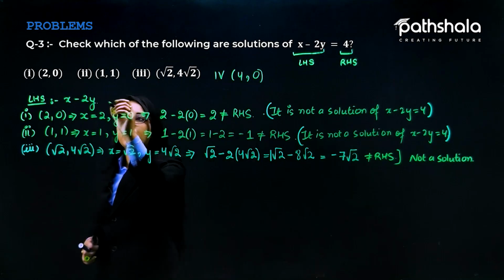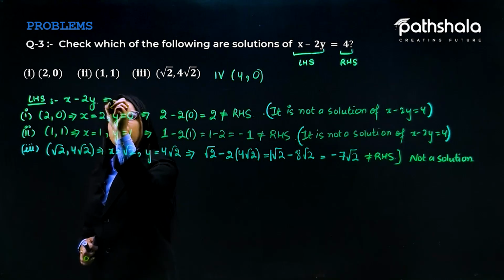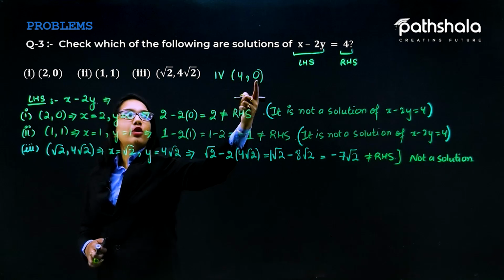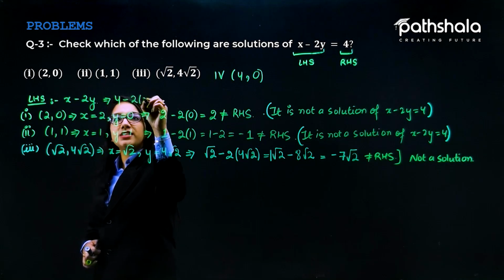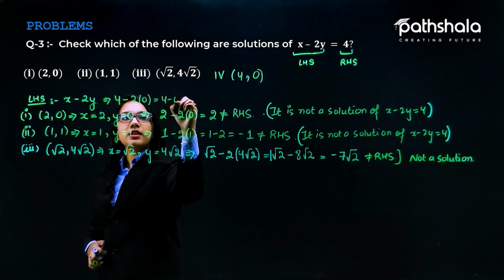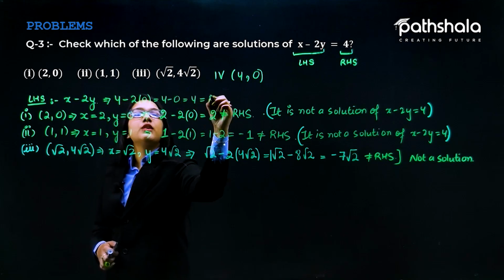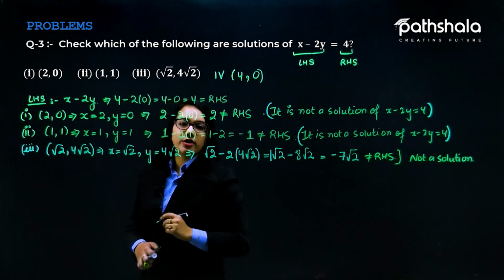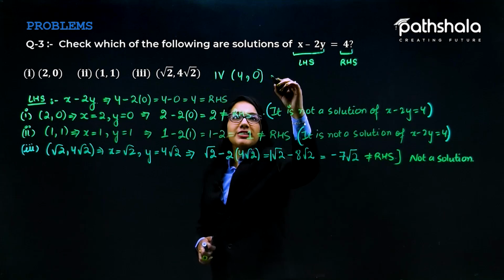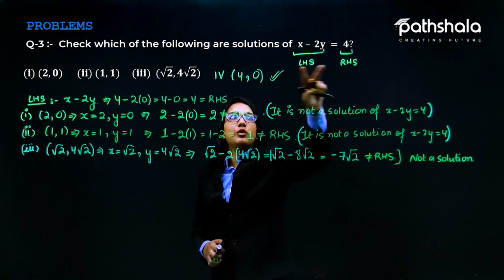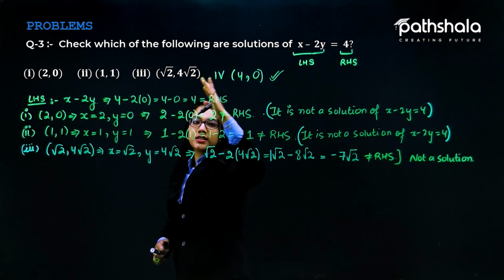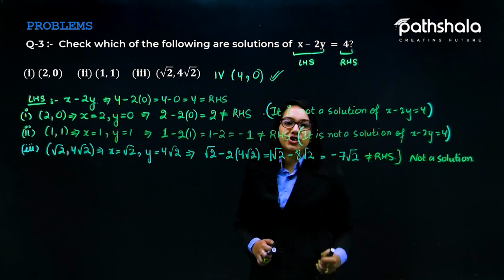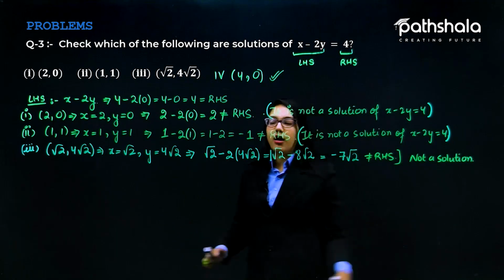If I substitute 4 comma 0 over here, as we know, x is 4 and y is 0. So it is 4 minus 0, which is again 4. Hence, it is equal to the RHS. It means that 4 comma 0 is a solution of this particular linear equation in two variables. But all the given points are not solutions, because the LHS is not coming out equal to the RHS.